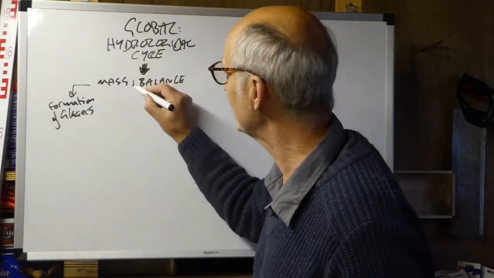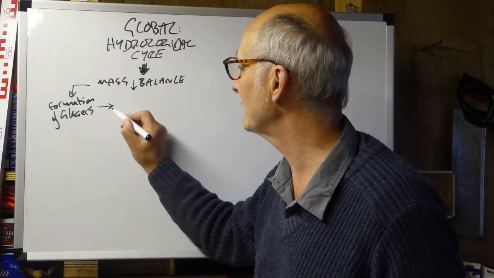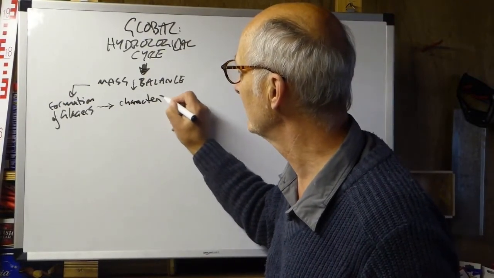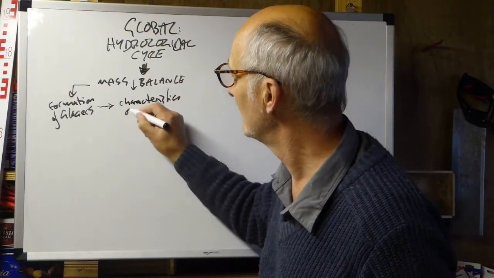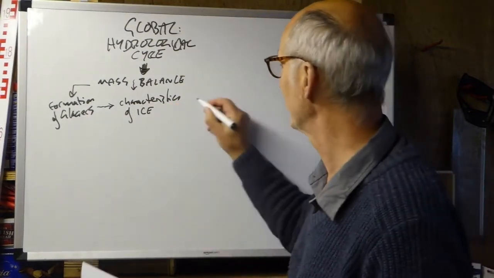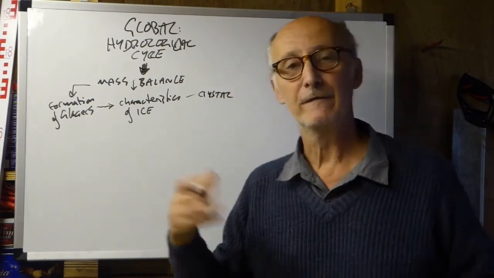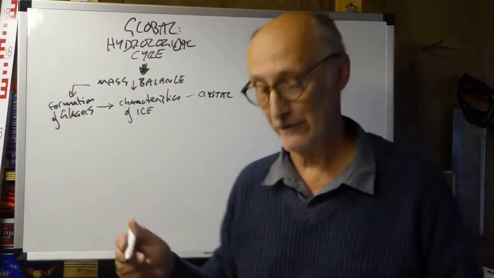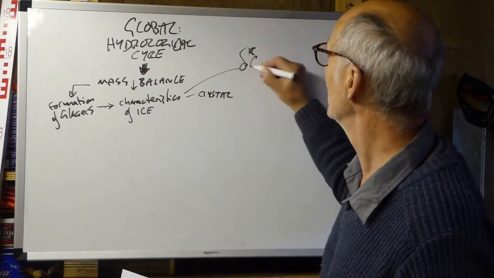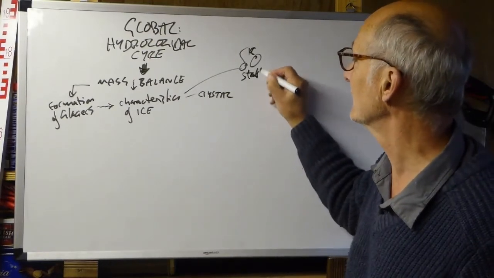Now, also related to things to do with the mass balance, that formation of glaciers also led us to talk about the characteristics of ice itself. So the characteristics of ice itself, including things like the crystal structure, the vein boundary, the atomic structure of ice. And also, within that, we talked about stable isotope glaciology.